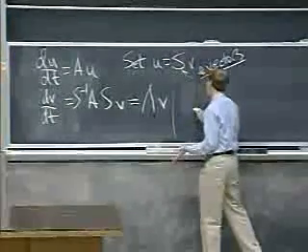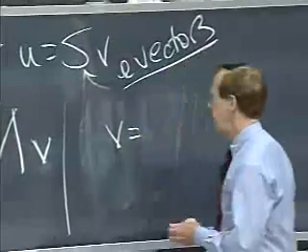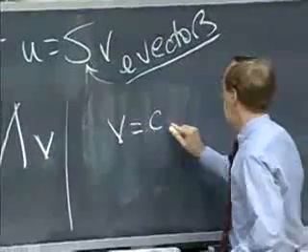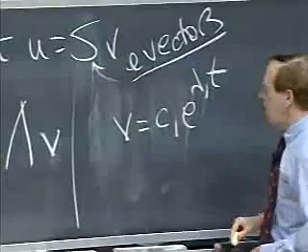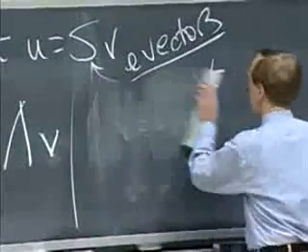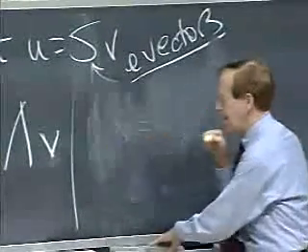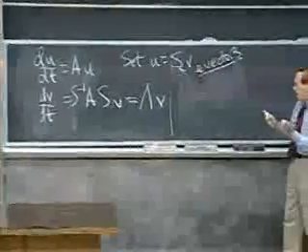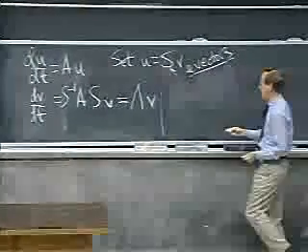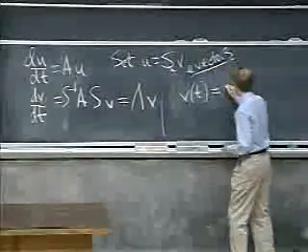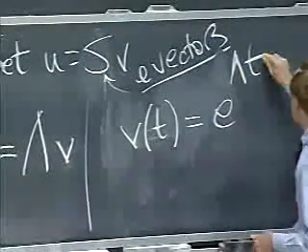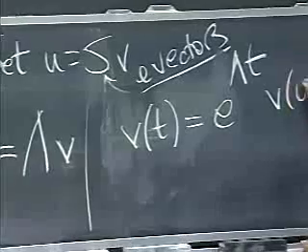v1 is now some e to the lambda 1 t. I guess my idea here now is to use the natural notation. v of t is e to the lambda t v of 0.